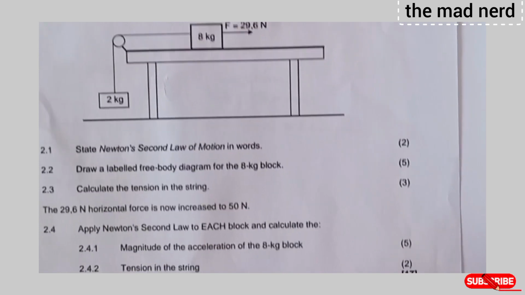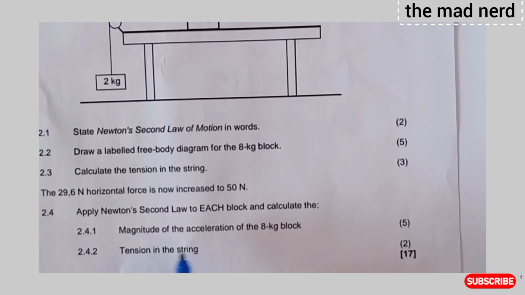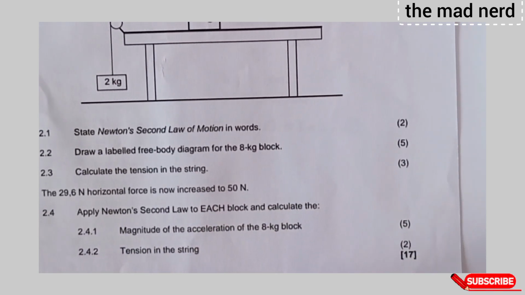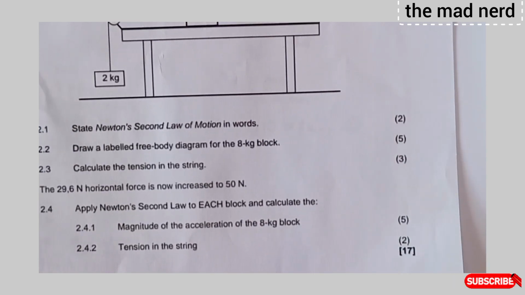So yeah, the acceleration is 2.04 meters per second squared. So we're done with 2.4.1. Now 2.4.2: let's calculate the tension in the string.